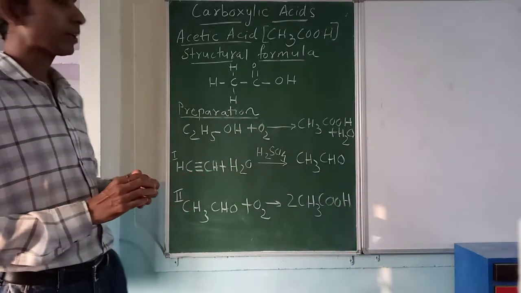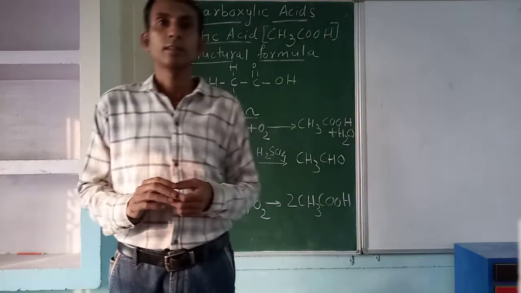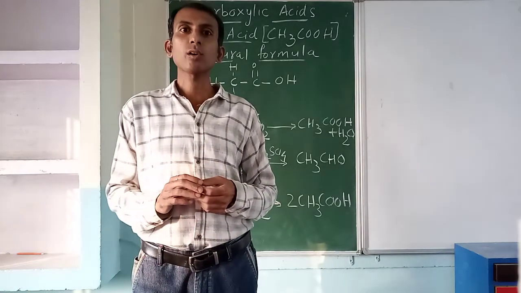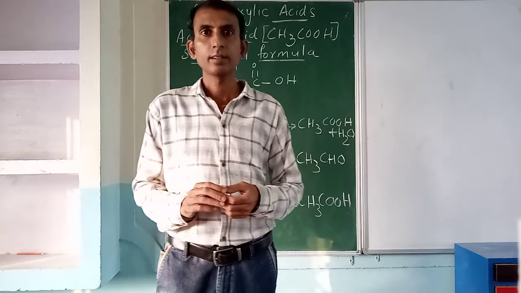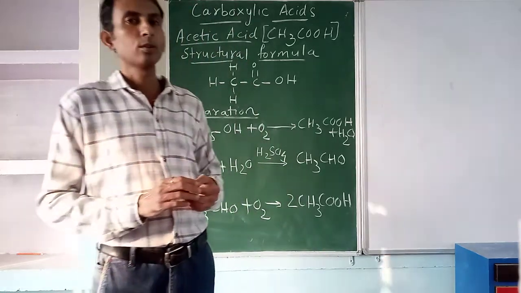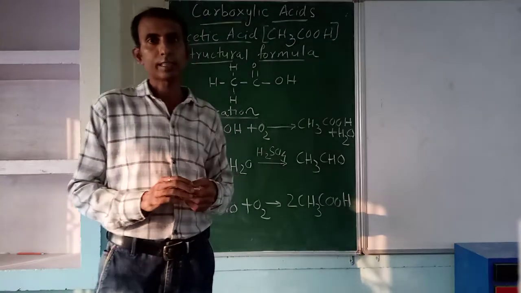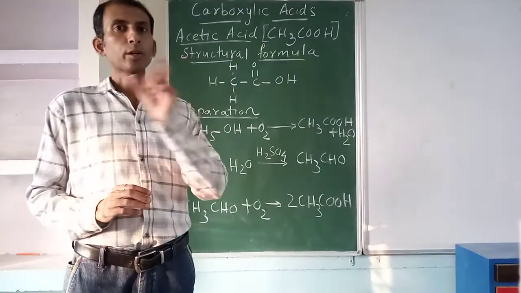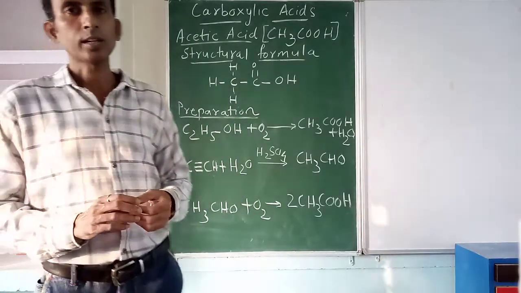Next time we have the last part of the chapter, chemical reactions of carboxylic acid. That will end the chapter. And then, as I told you, we'll continue with the periodic table explanation, important concepts.